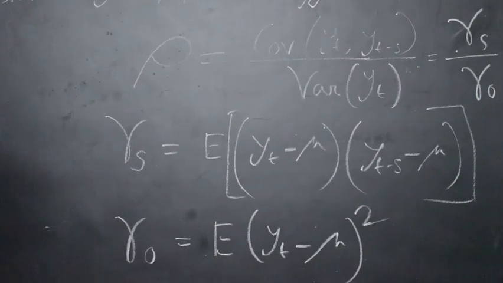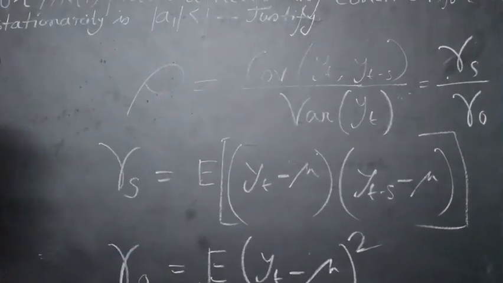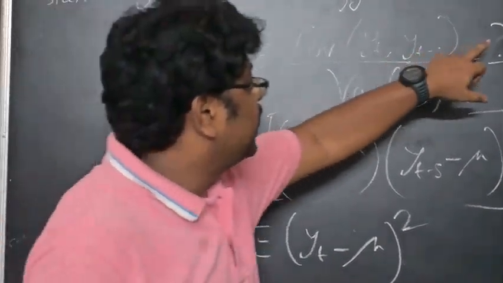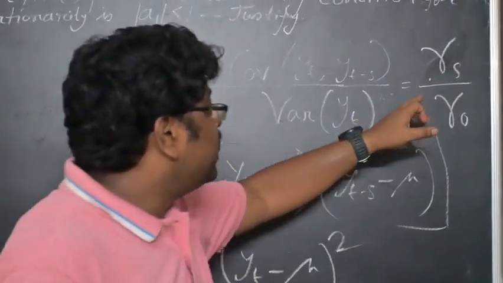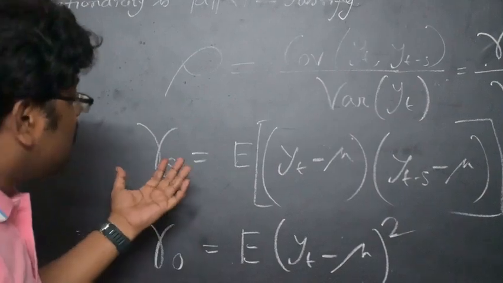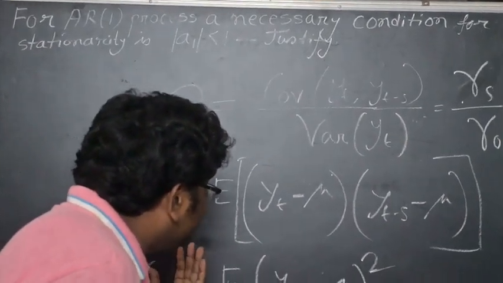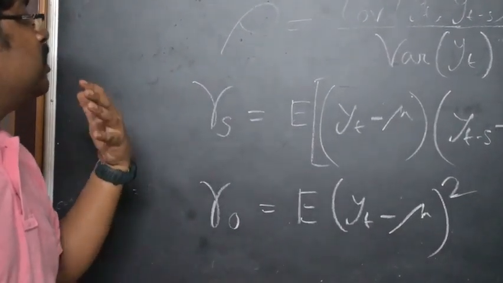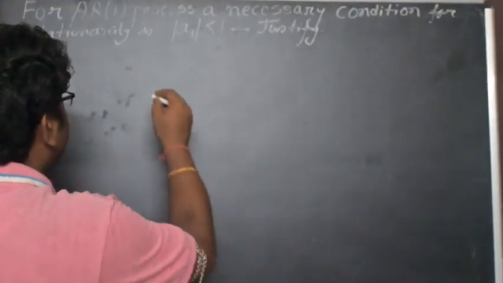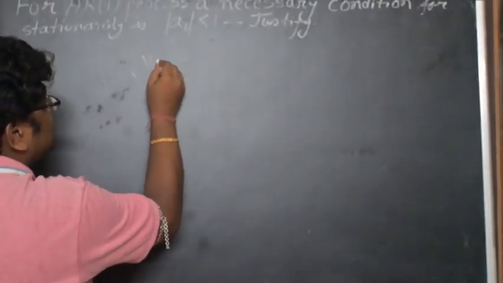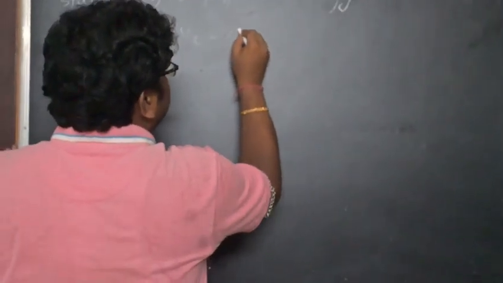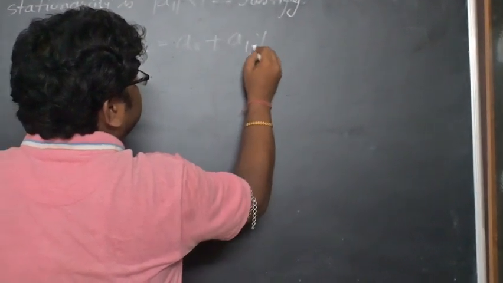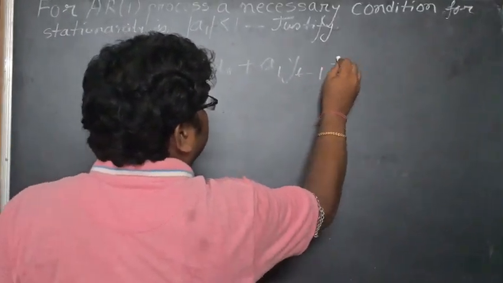Now we can put this value here and this value here, and proceed in such a way. But what do these values actually mean? As you know, Yt equal to a0 plus a1 Yt minus 1 plus epsilon t.